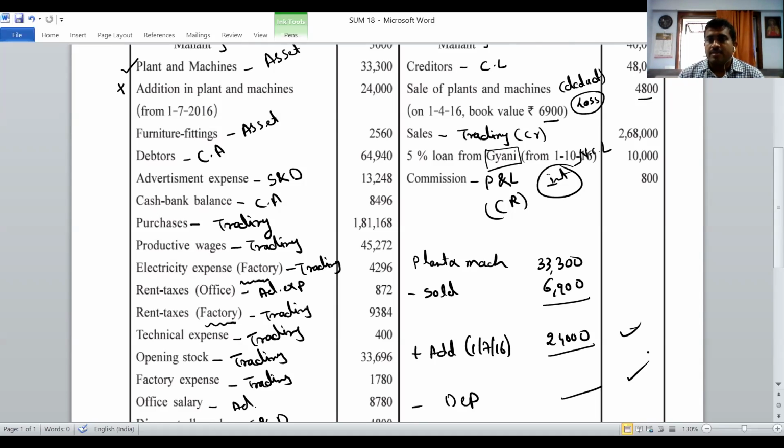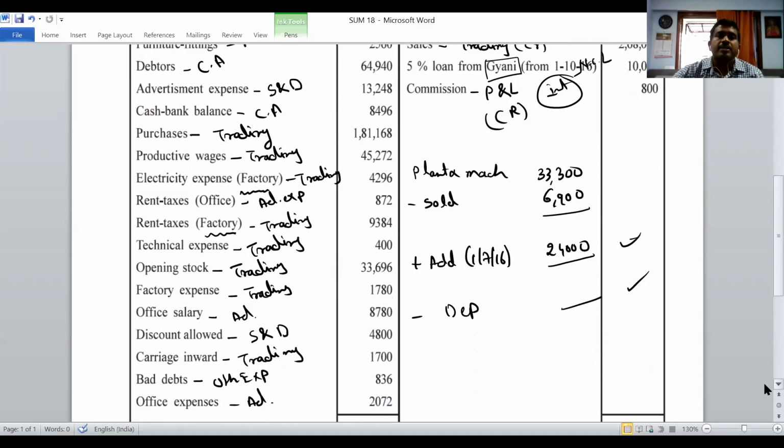Advertisement expenses, where we have to follow sales and distribution, that is 13248. Then comes cash and bank balance. Obviously that is also a current asset, 8496. Now the points are a little bit easy.